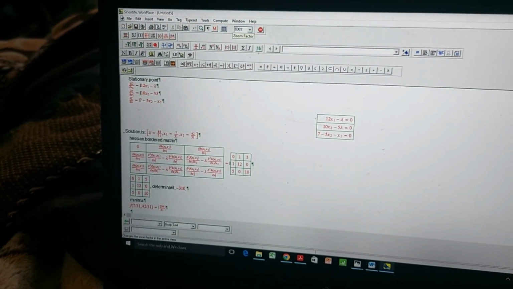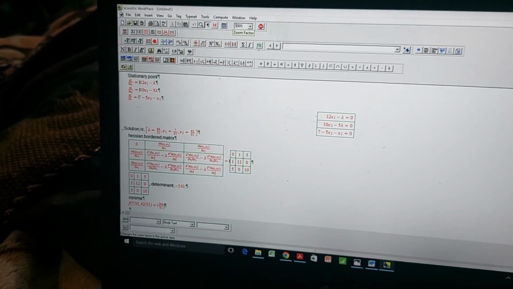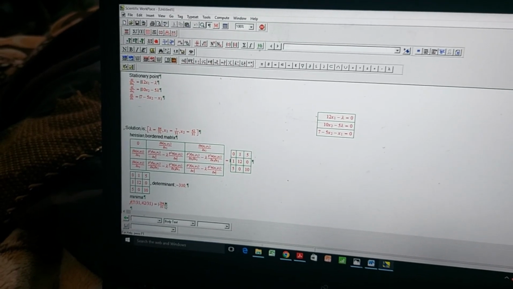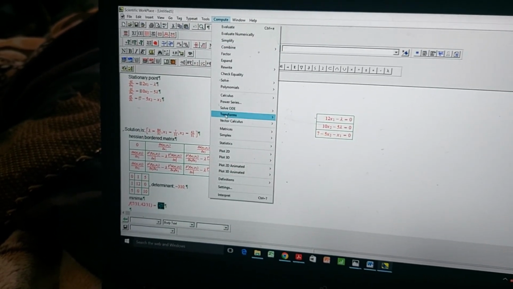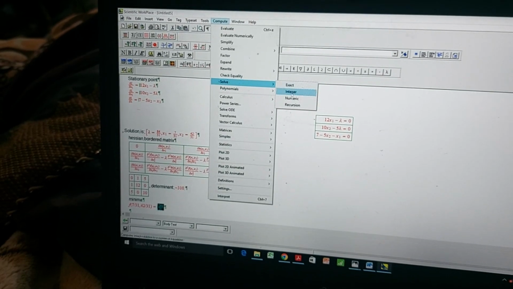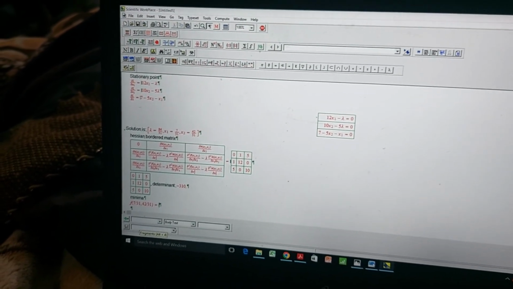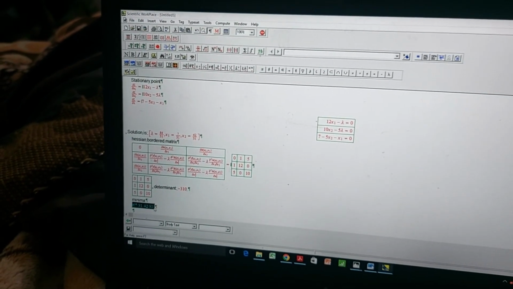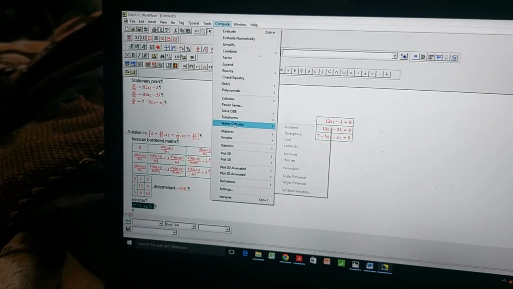You can also evaluate over here, and also you can solve it. So the z value is 294 by 31, and I solve it for the numeric, to get some value like 0 point something or 5.9 or something like that.